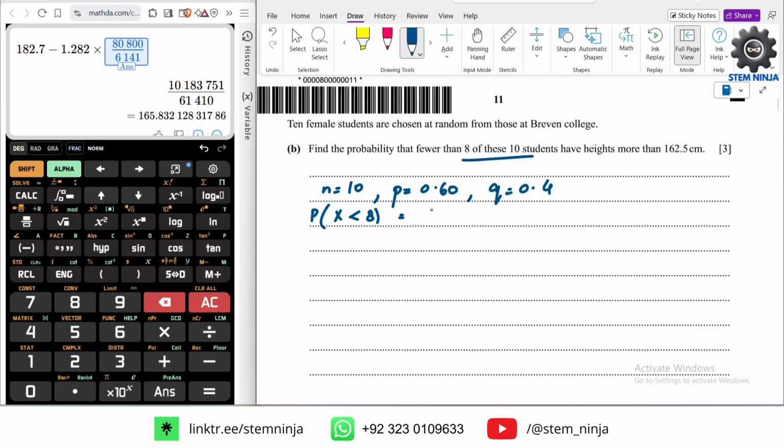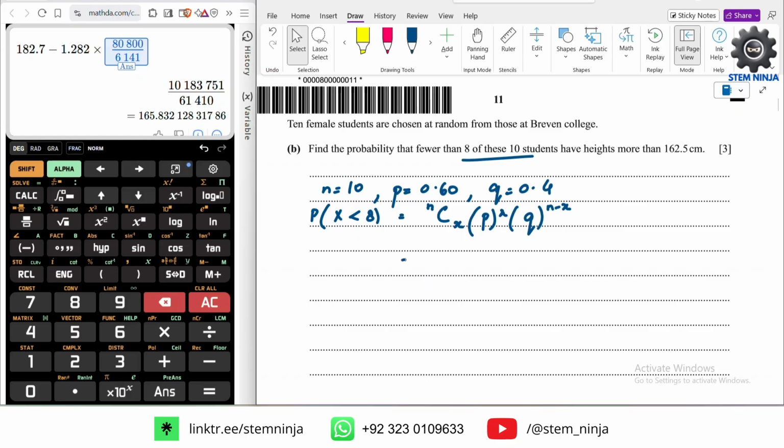Now we need the binomial. So nCx p raised to power x q raised to power n minus x.